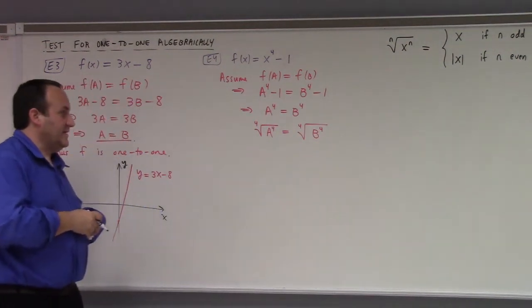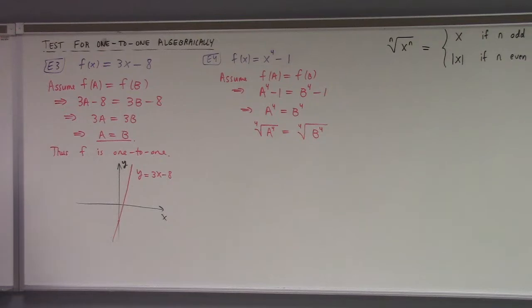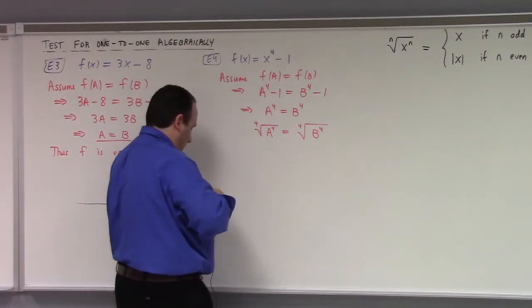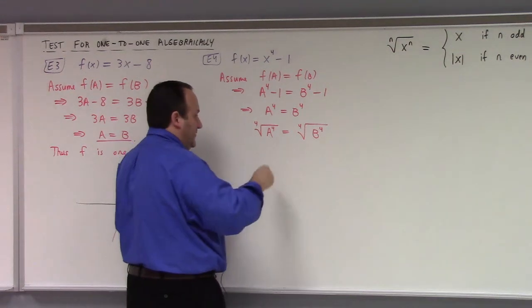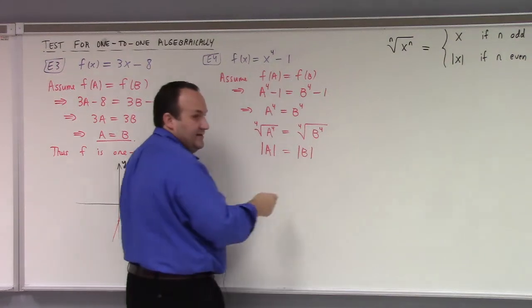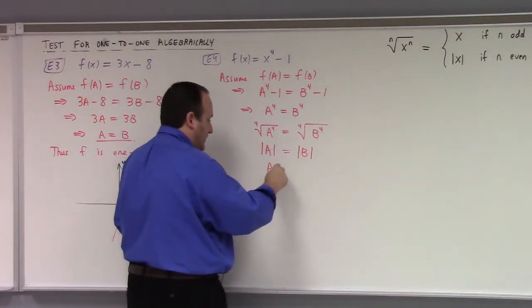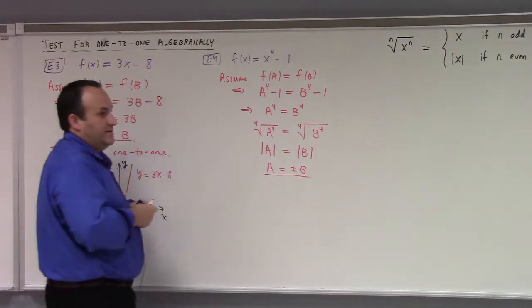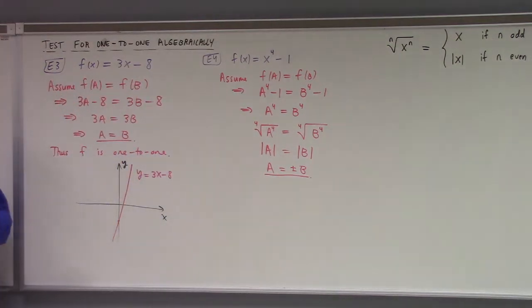So we have to be careful. When we're taking an even root of an even power, we actually get absolute value. So what this would really simplify most directly to is the absolute value of a equals the absolute value of b. Which tells you what? It doesn't tell you a equals b. That tells you that a is equal to plus or minus b, right? So we're going to have to say no. This one's not one-to-one.